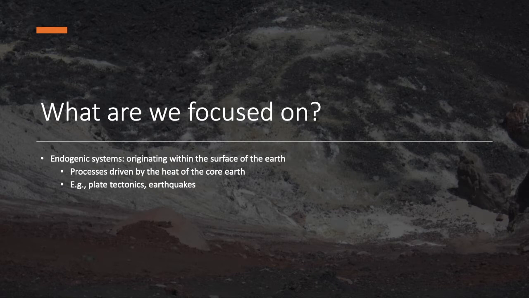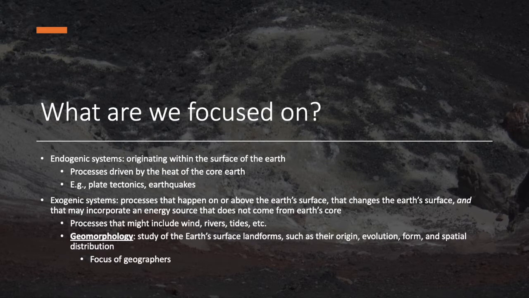All of these things happen because the Earth is the Earth, not because of its relationship to the sun or its relationship to other celestial bodies. Exogenic systems, on the other hand, are basically processes that happen on or above the Earth's surface that change the Earth's surface and that may incorporate some energy that may not come from the Earth's core or the Earth's mantle.